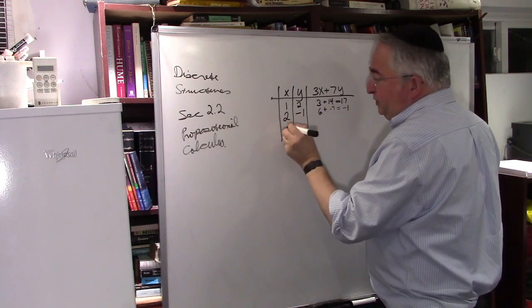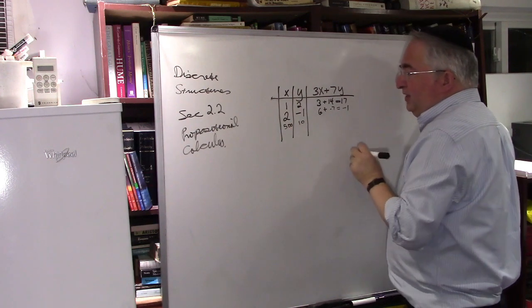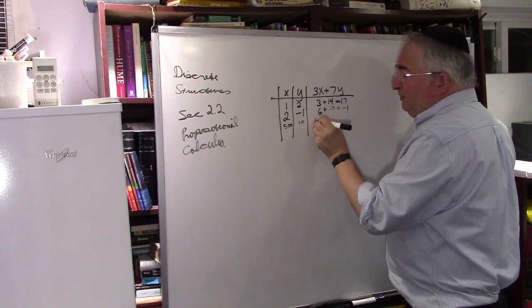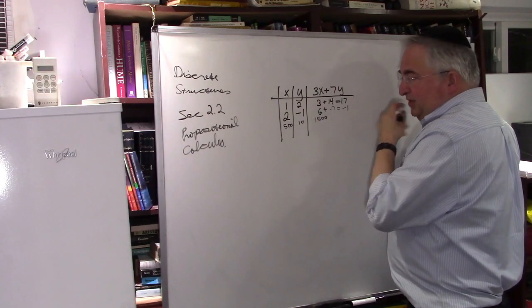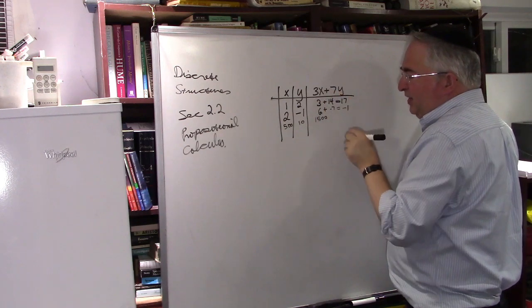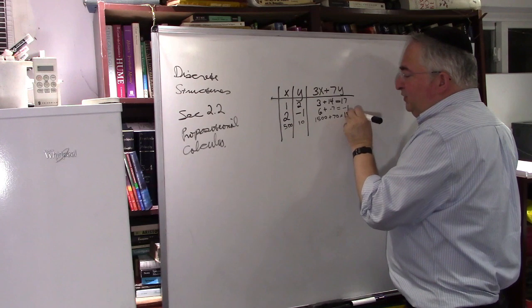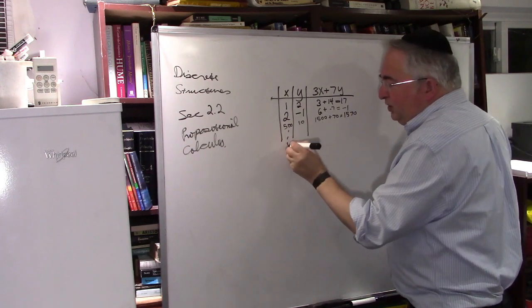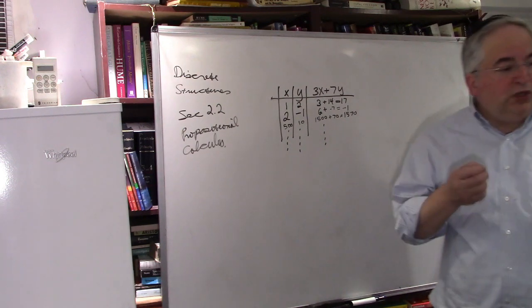But you could also do something like 500, and you could have y being 10. So let's see what that is. 3 times 500 is 1500 plus 7 times 10, which is 70, so 1570. And you can do this for an infinite amount of things. So what are you doing here?